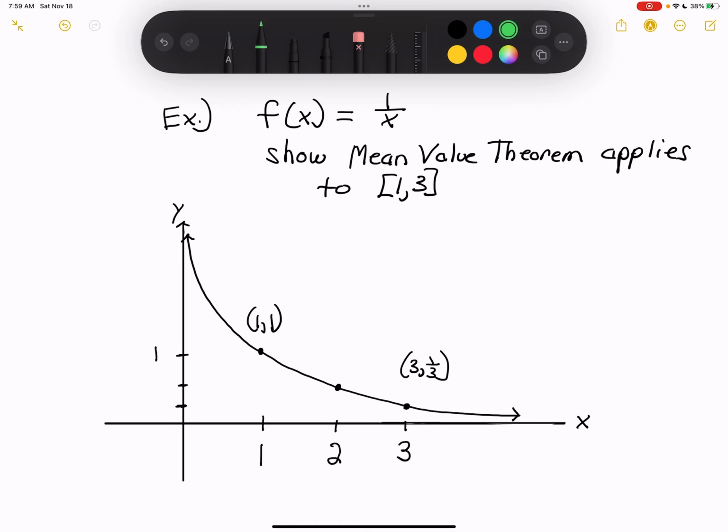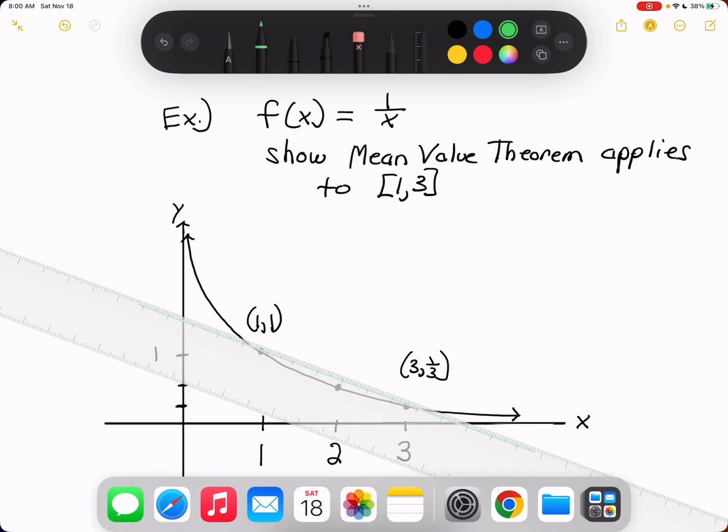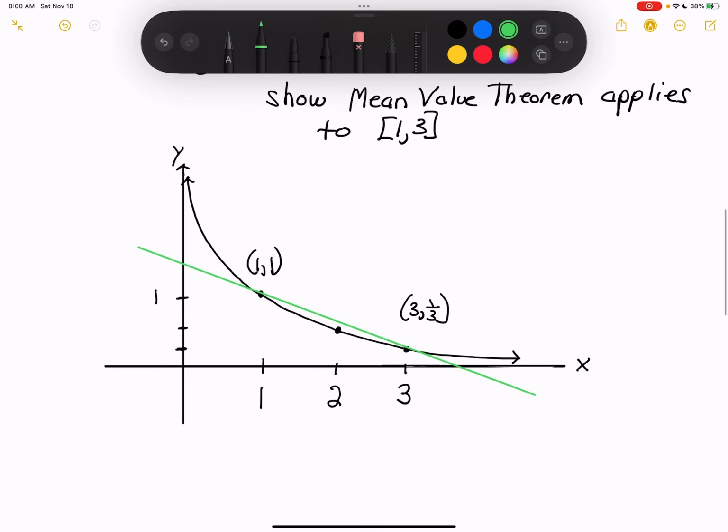If I drew a secant line connecting these two points, there we go. So that's my secant line, my green secant line.